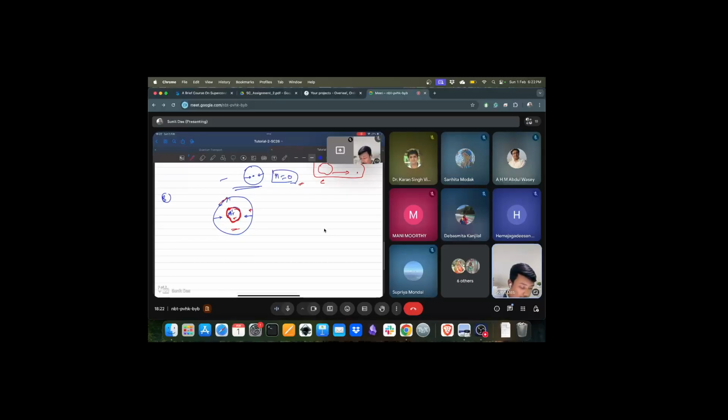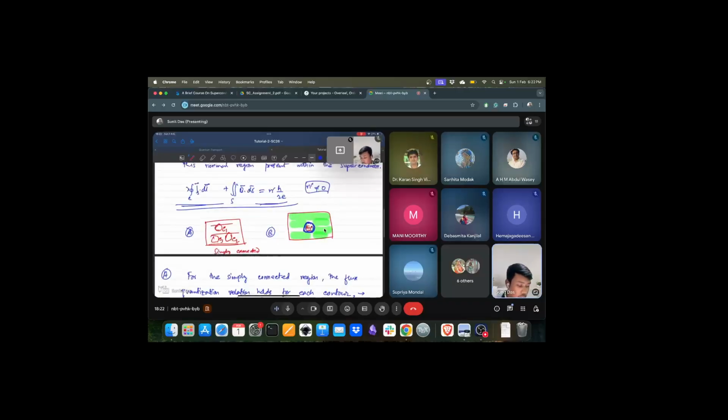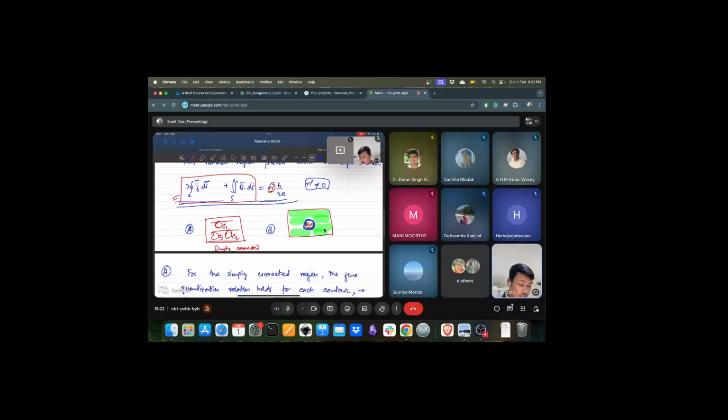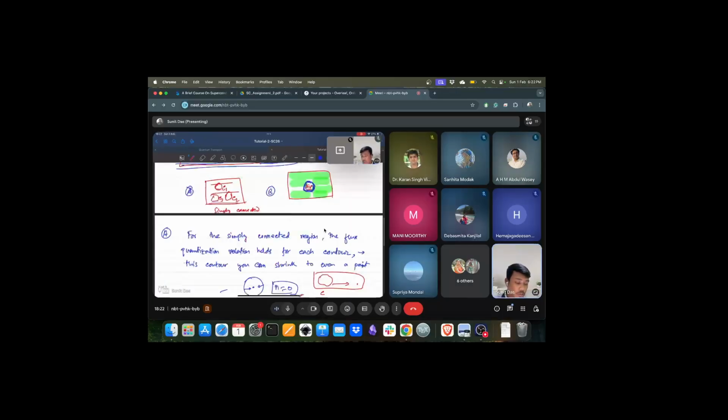Okay, so let me re-explain things. You have a multiply connected superconductor. Now you enclose somewhere here, or somewhere here. There is no guarantee that the flux will be quantized. This expression is valid, but the problem is you may not get that n prime to be an integer for a multiply connected.